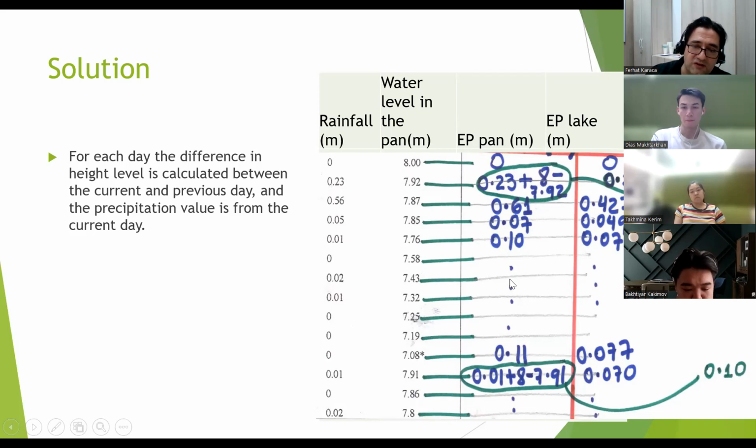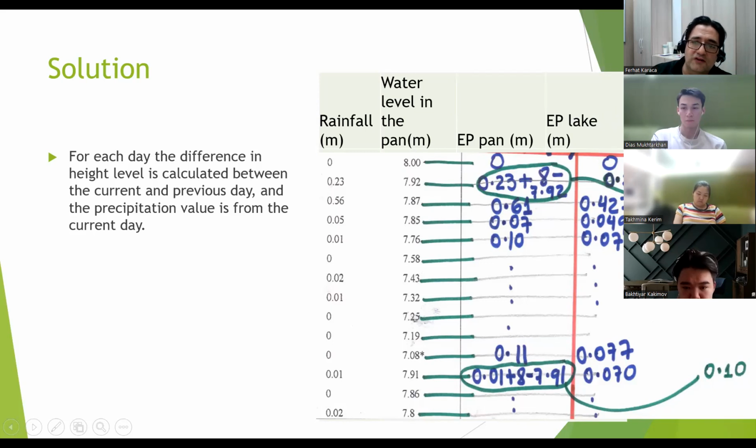Then you will keep doing the same arithmetics, but don't forget that when you reach the refill section, you are not going to use 7 here, you are going to use 8 because the initial value is 8 because it is refilled up. Then it will be 0.10. So you are going to calculate everything for EP pan, and for EP lake, it is simple.